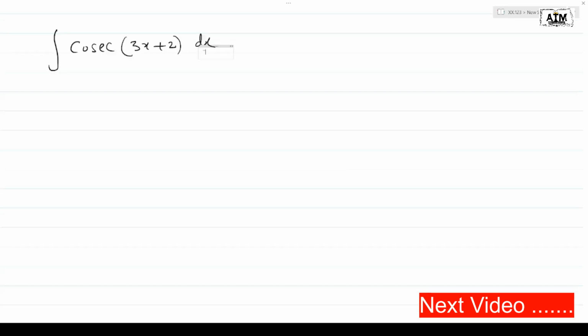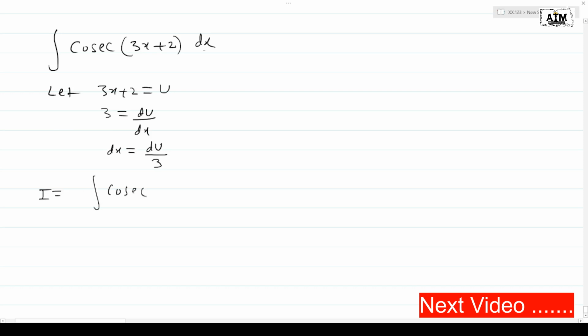Last example, the integration of cosec of 3x plus 2 with respect to x. Step number 1, let 3x plus 2 equal u, then 3 equals du by dx, then dx equals du by 3. I equals the integration of cosec u with respect to u upon 3, 1 upon 3 taken outside, the integration of cosec u with respect to u.